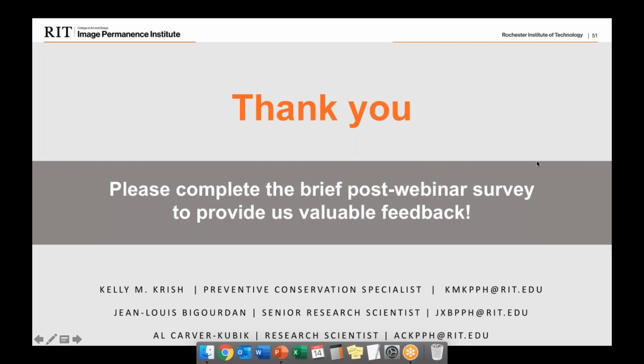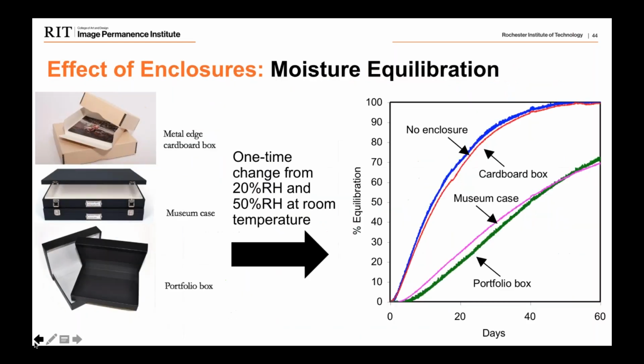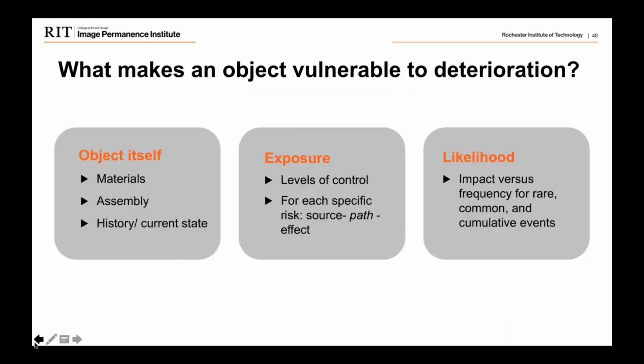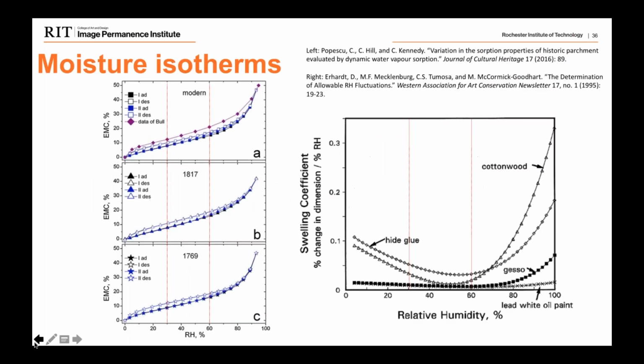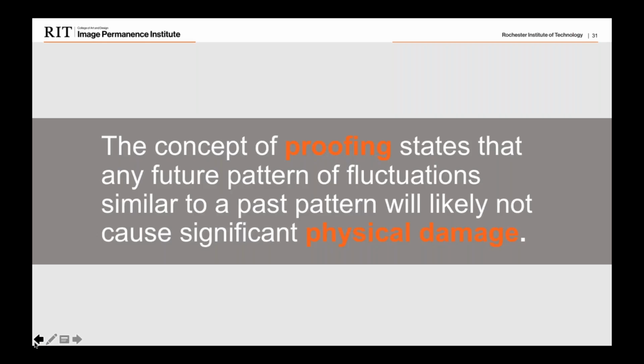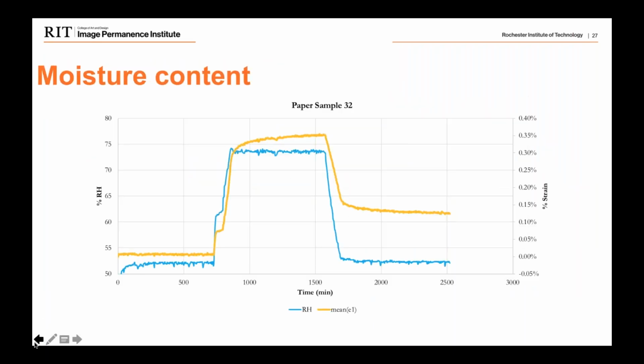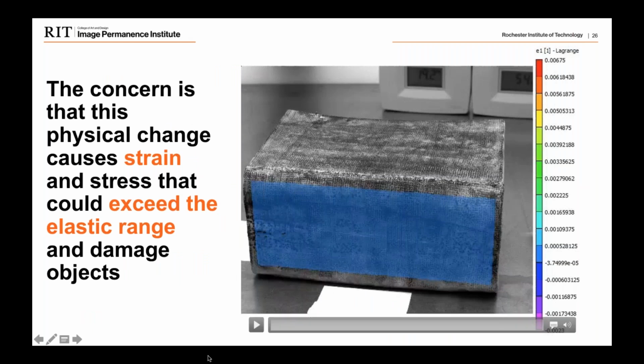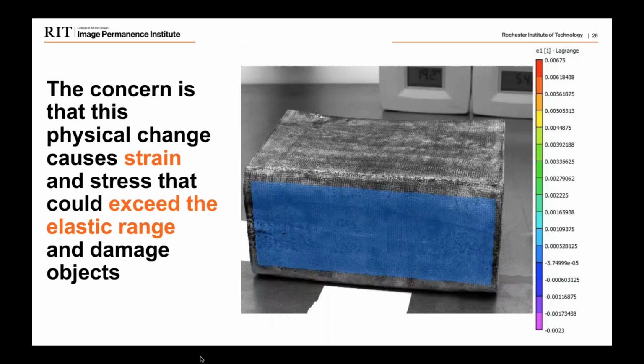And so as the object expands and contracts, we're taking images at regular intervals. Those images are uploaded into a software which tracks the movement of those dots and measures the extent of change, the extent of expansion and contraction, which then gives us data on strain.